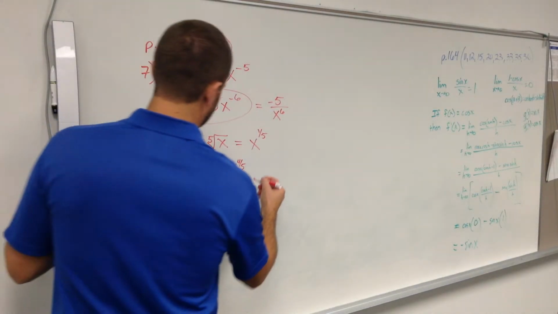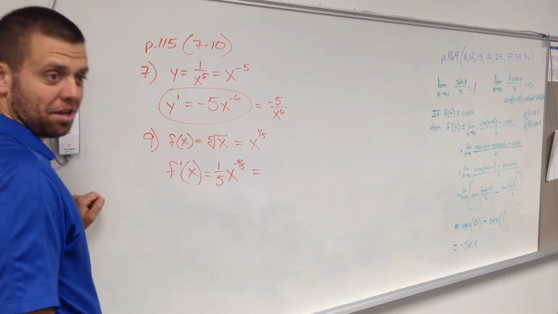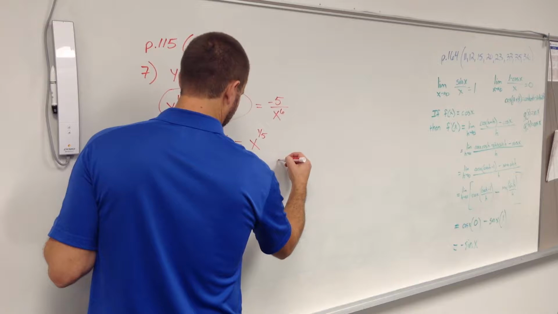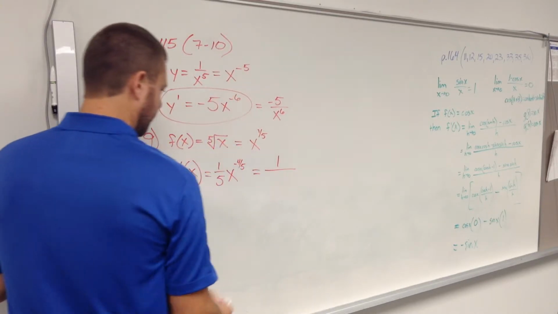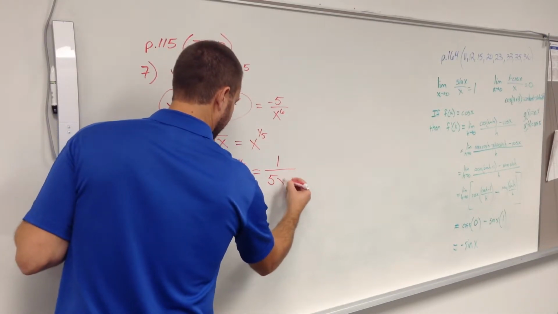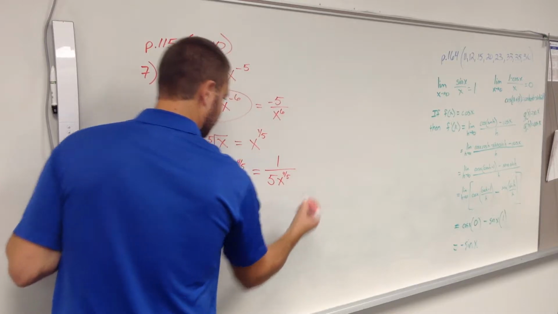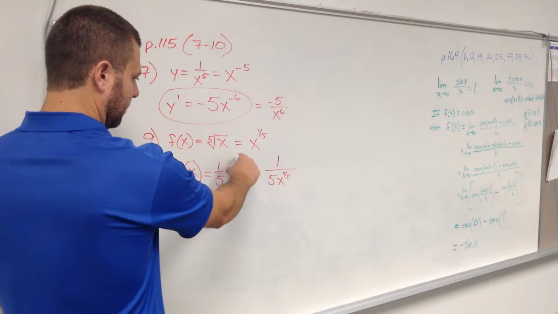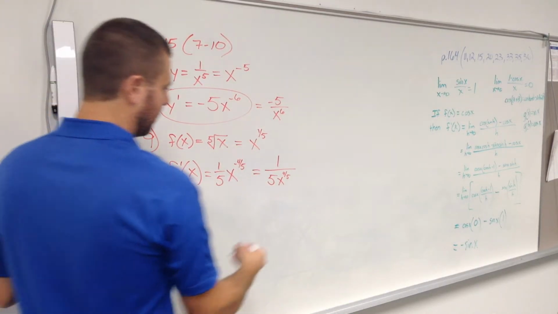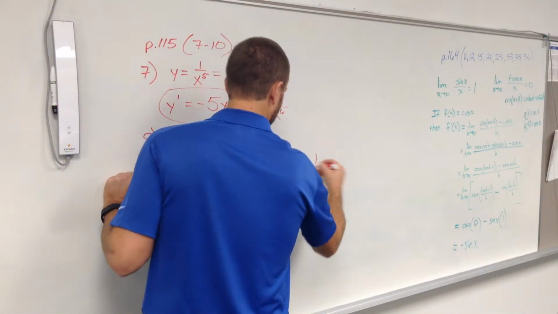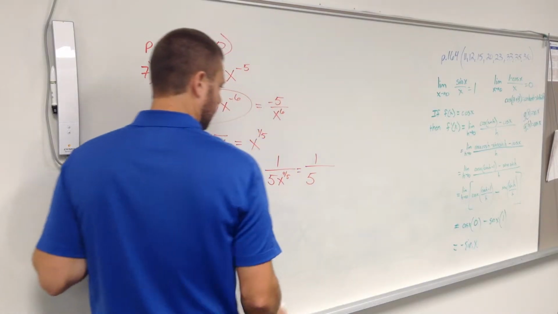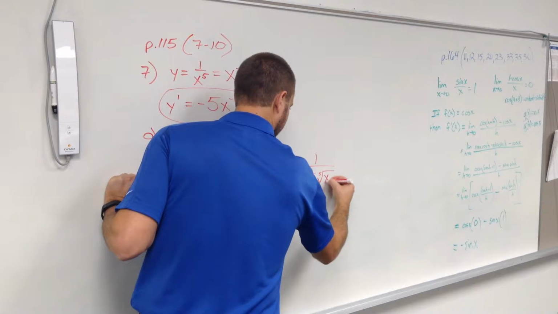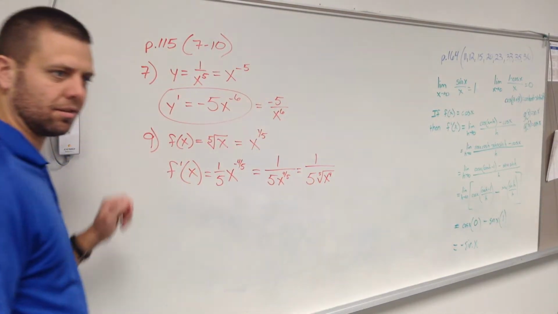I mean, if you're dead set again on no negative exponents, we could really bring out a lot of algebra rules here. We could do 1 over 5 x to the 4/5. We could write it like that. Because the 5's already on the bottom, and we'd move that down to the bottom so it's got a positive power. You could do this then, 1 over 5 times the 5th root of x to the 4th, if you really wanted to do it that way.